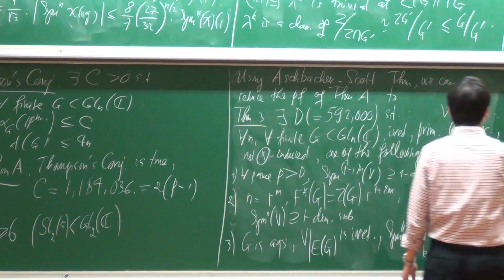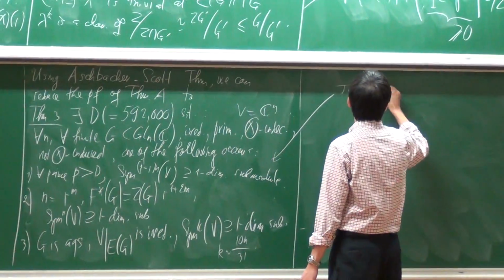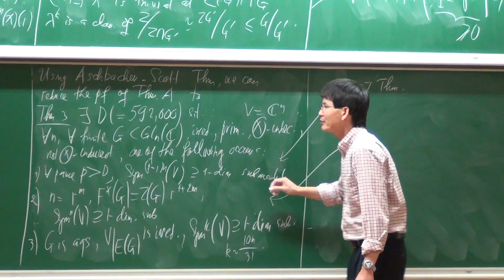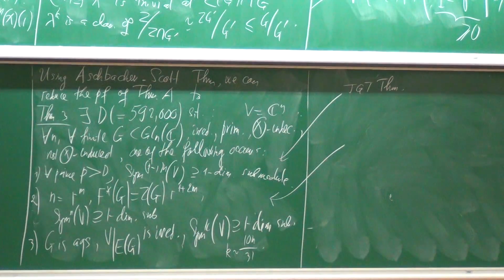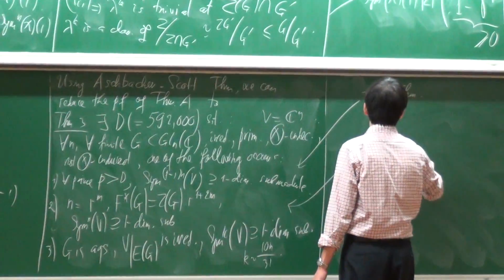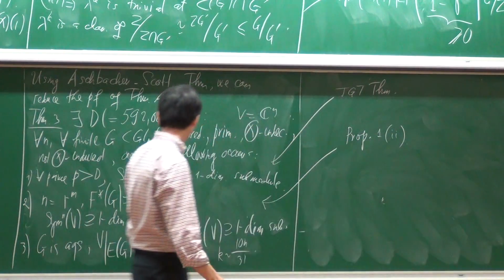Well, for the first case, I use the Rototom theorem. For the second case, I'm going to use this case right here. So this is the proposition 1, the second case.